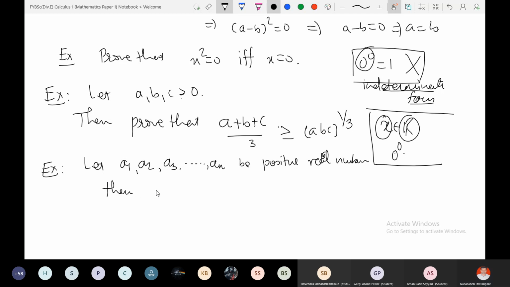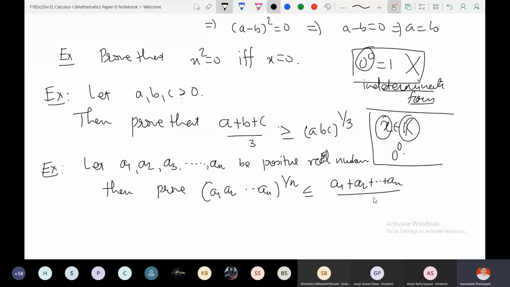Then prove that the geometric mean (a1 a2 ... an)^(1/n) is less than or equal to (a1 + a2 + ... + an)/n.